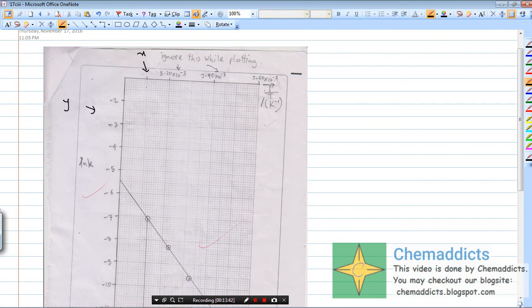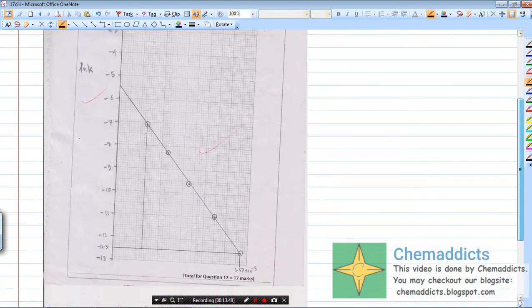Now the last mark is for points correctly plotted and a straight line drawn. We should plot the points correctly. As we can see, this student has plotted the points correctly. This is appropriate plotting, and drawing the best fit line.